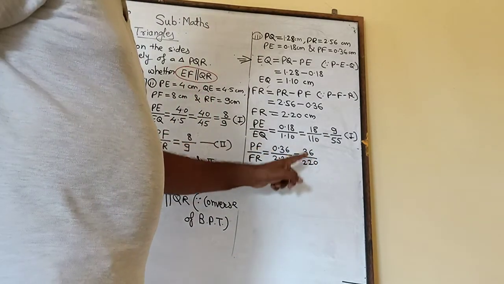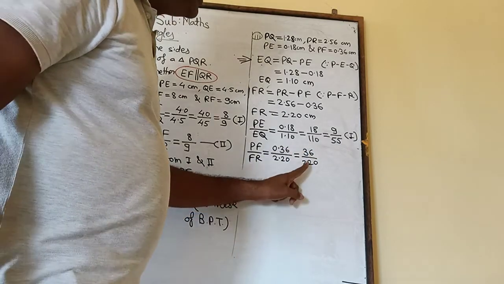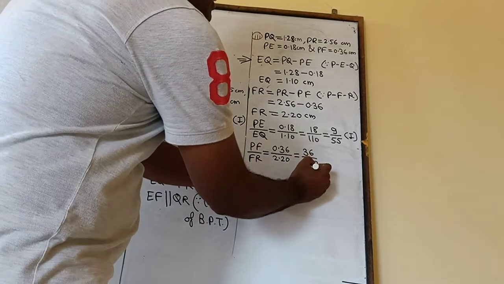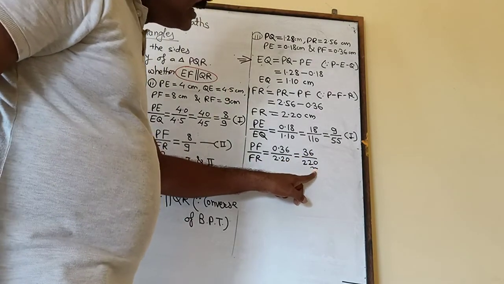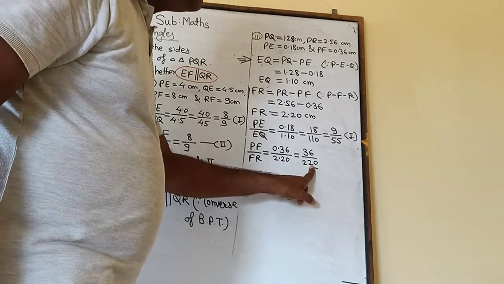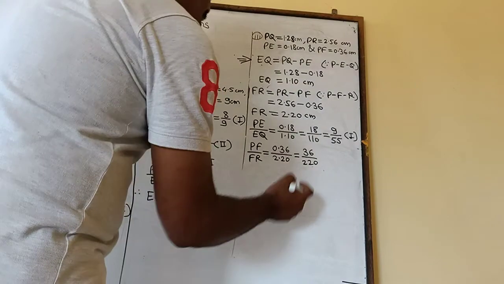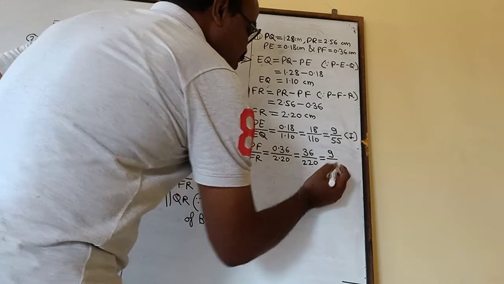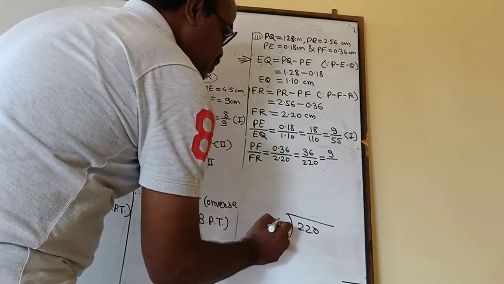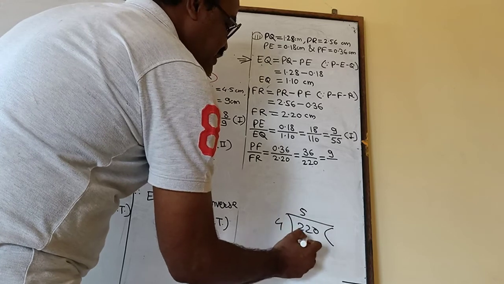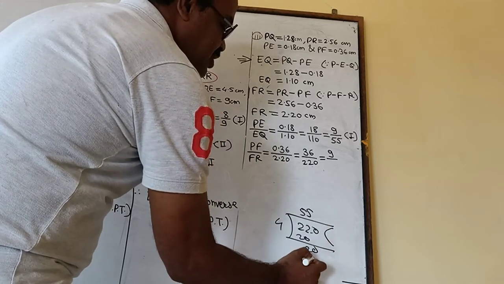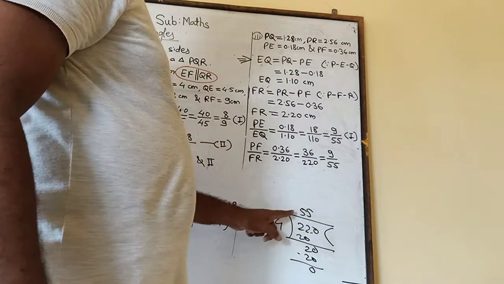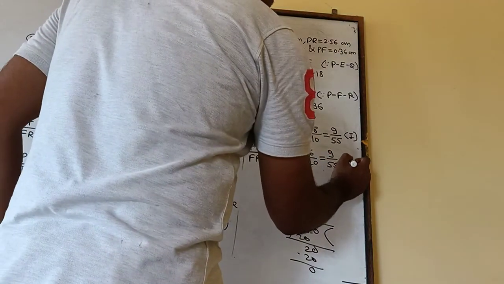Once again, both are even numbers, but you can see it is divisible by 4. 4 nines are 36, and the last 2 digits are 20, so 220 is also divisible by 4. So 36 divided by 4 gives 9, and 220 divided by 4, 4 fives are 20, gives 55. So it will become the second ratio.